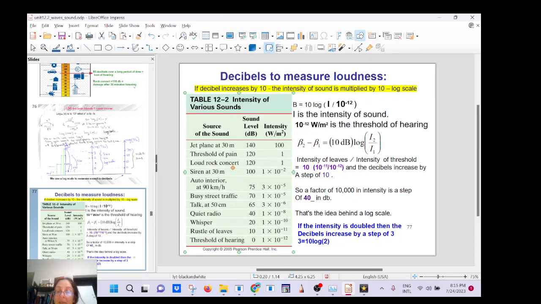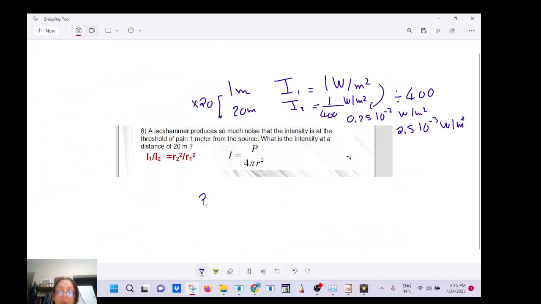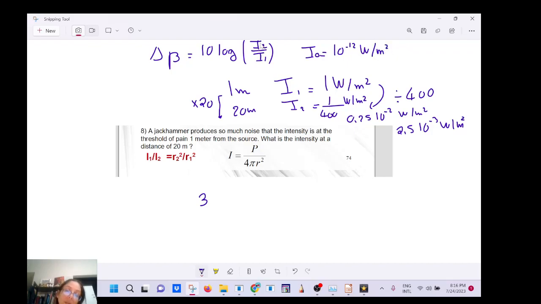So for example, if you increase the decibel level by 3, what's going to happen? The equation is the difference in decibel equals 10 log of I2 over I1. So you are comparing two intensities. You can compare to the threshold of hearing, which is 10 to the negative 12 watt per meter squared, or you can compare two intensities.